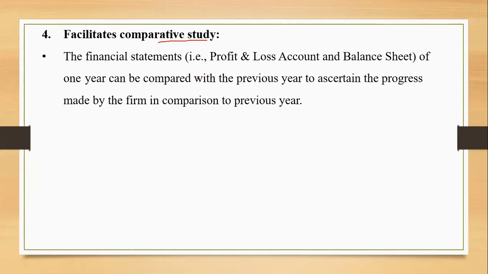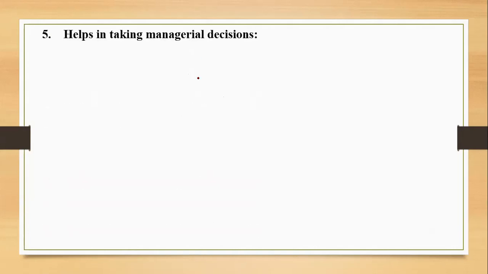And intra-firm comparison is when you compare your own records of previous year to current year, just to know: are we able to have a control over the expenses or not? Is there any increase in sales or not? Is there any increase in the profit or not? All those questions do rise in the mind every year, right? So that is intra-firm comparison. So comparison is possible only when we have accounting data with us.